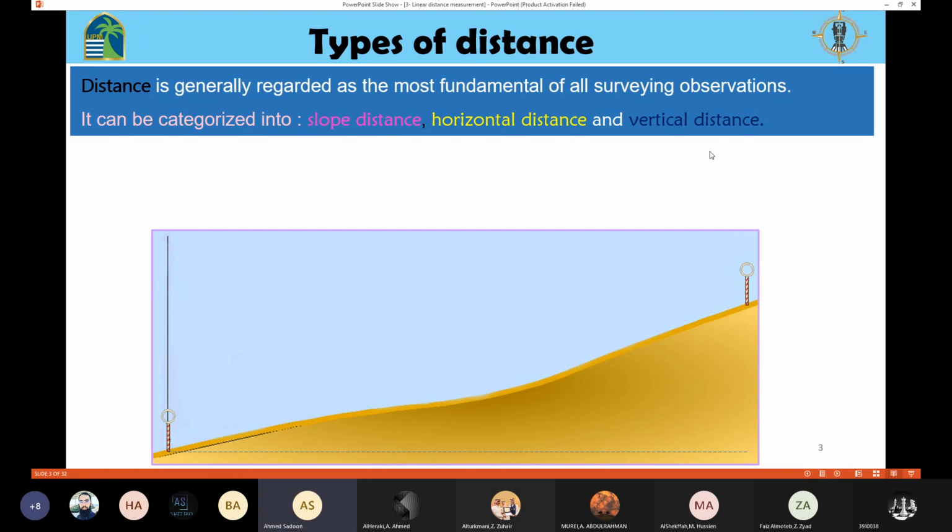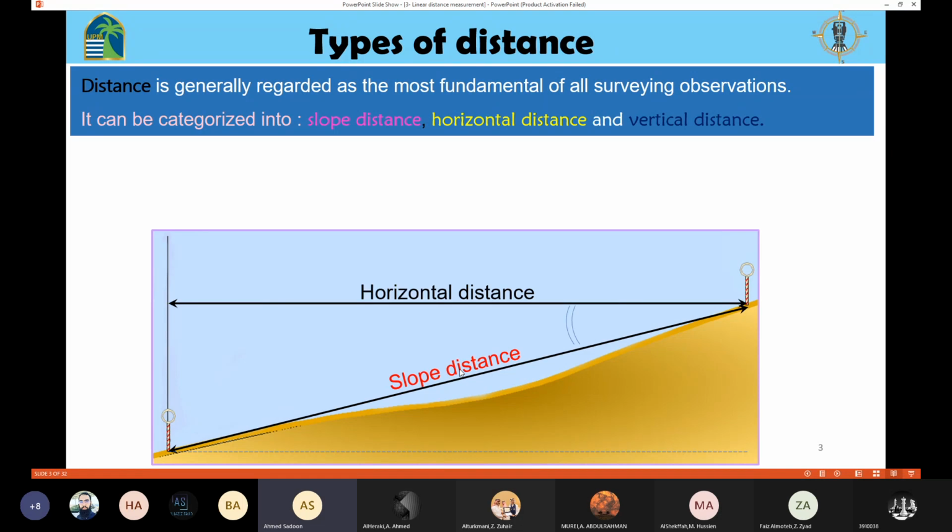So for example, if I have station A and station B, and I'm going to measure here, you can see we have slope. The ground is not leveled between station A and station B. We have a slope here. If you measure this distance along the slope, then we call this slope distance.